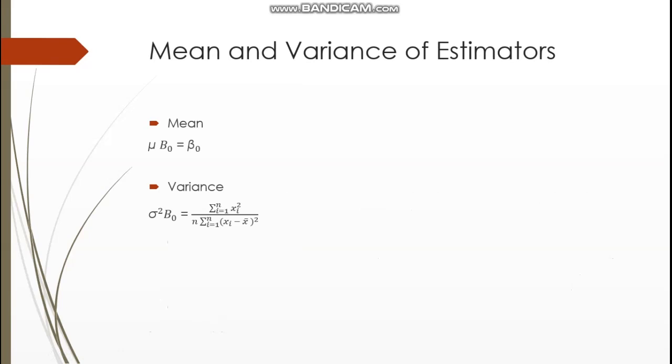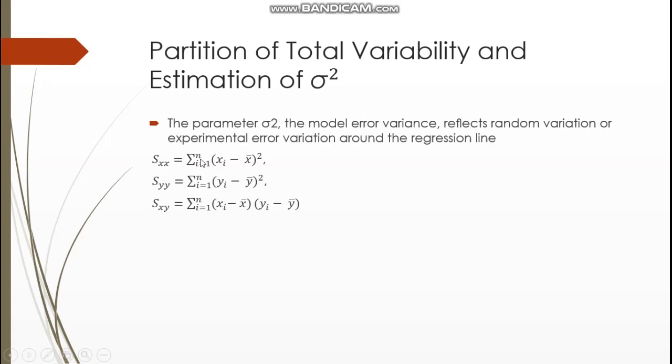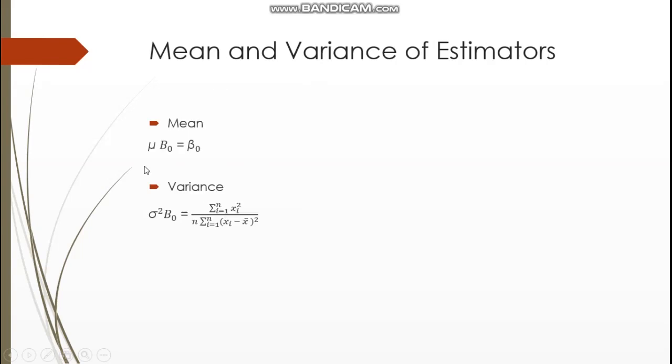And next is the mean and variance of the estimators. This is the formula of the mean. This is the formula of the mean of the estimators. To find the value of the mean of the estimators, we have to know the value of beta 0.